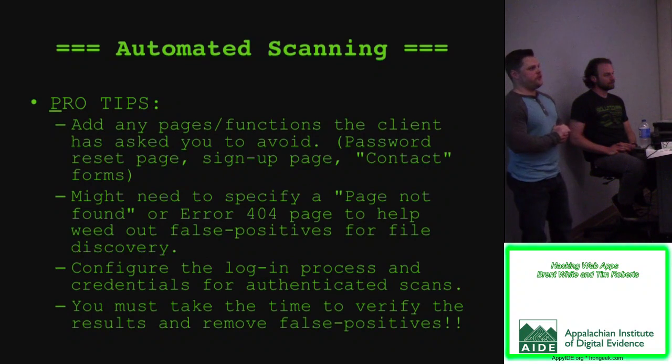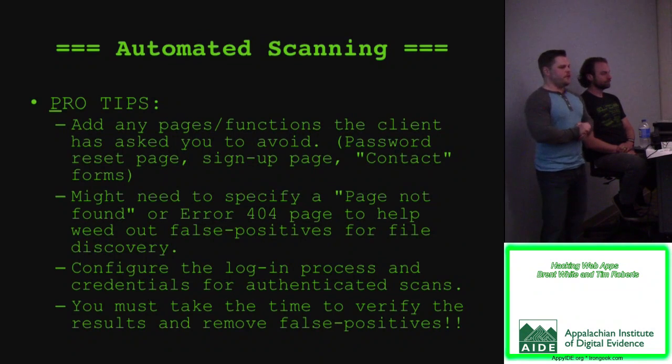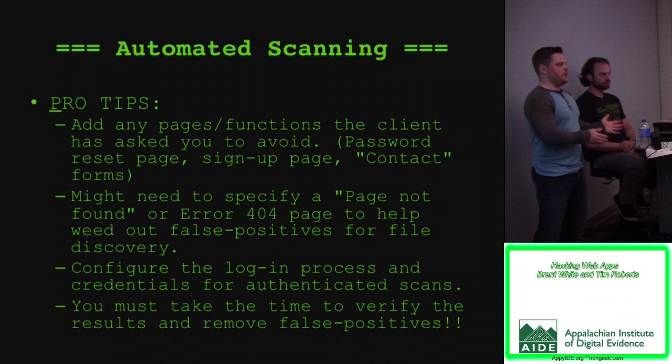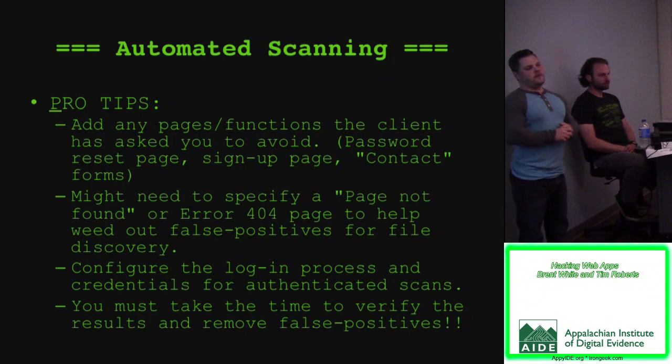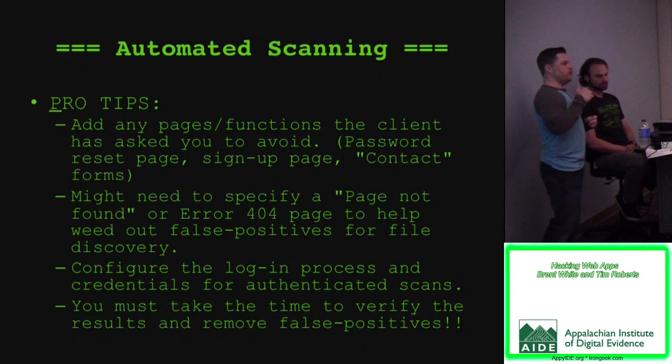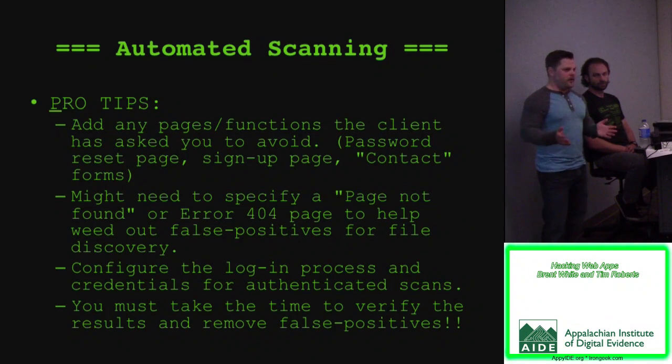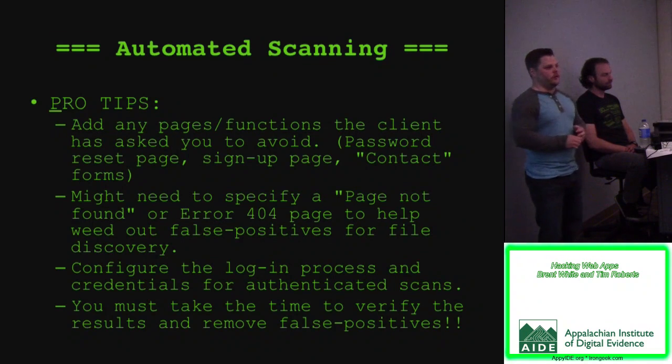Another issue I found is sites that have custom 404 pages. It always comes back as 200 OK, but it's really just their default page saying this page isn't there. So in the automated scanner, if it's doing a spider, for every single thing it sends, it's going to say, I found that page, but the page isn't there. Now you've got thousands of false positives that you've got to sort through and delete.